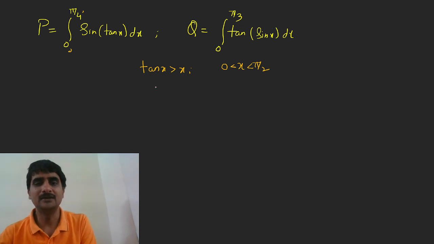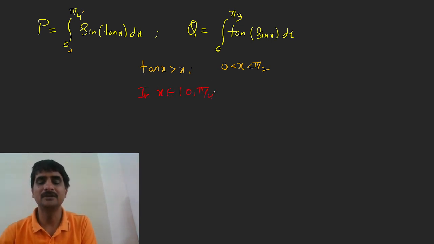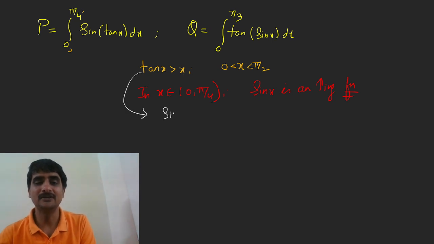Now in the interval x belonging to 0 to pi by 4, can anyone tell me sin x is an increasing or decreasing function? So we know sin x is an increasing function. Yes or no? Do all the children agree? So it's an increasing function. So if I apply sine on both sides, since it is an increasing function, it doesn't make any difference.